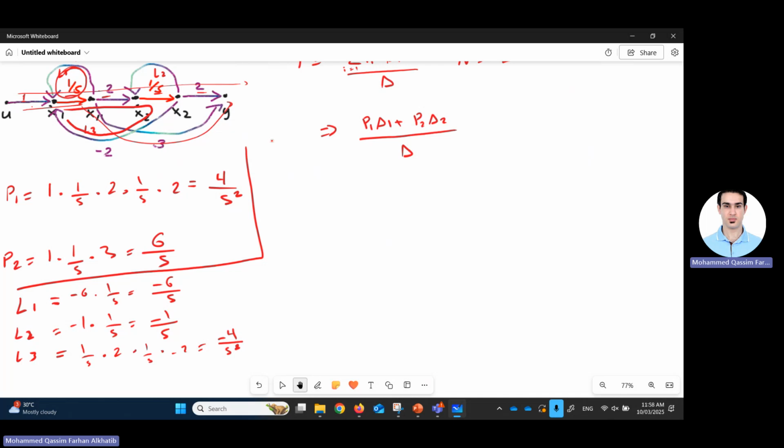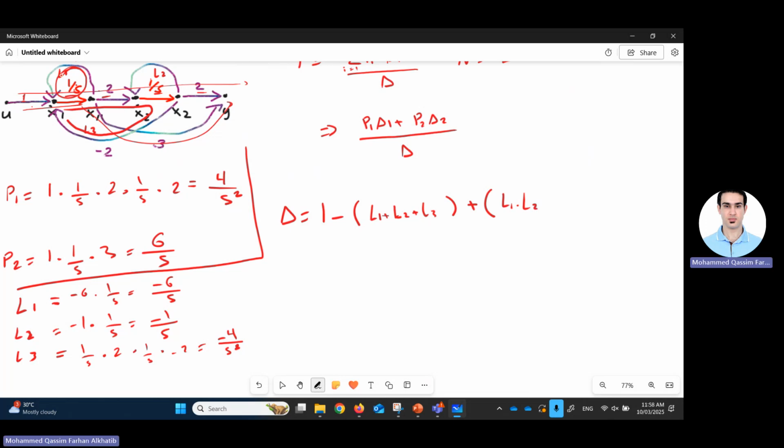Now let's find the big delta. Equal 1 minus the summation of all individual loops, L1, L2, L3, plus the product of the non-touching loops. Now let's look at the non-touching loops. L1 and L2, they are not touching. So L1 times L2.